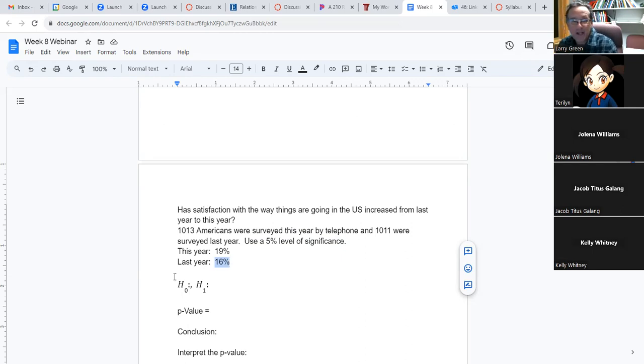So what we're going to now do is H0 and H1. So first thing, is this means or is this proportions? Yeah, this is proportions, because the survey question is, are you satisfied with the way things are going in the United States? And maybe put in the chat box, are you satisfied with the way things are going in the United States?